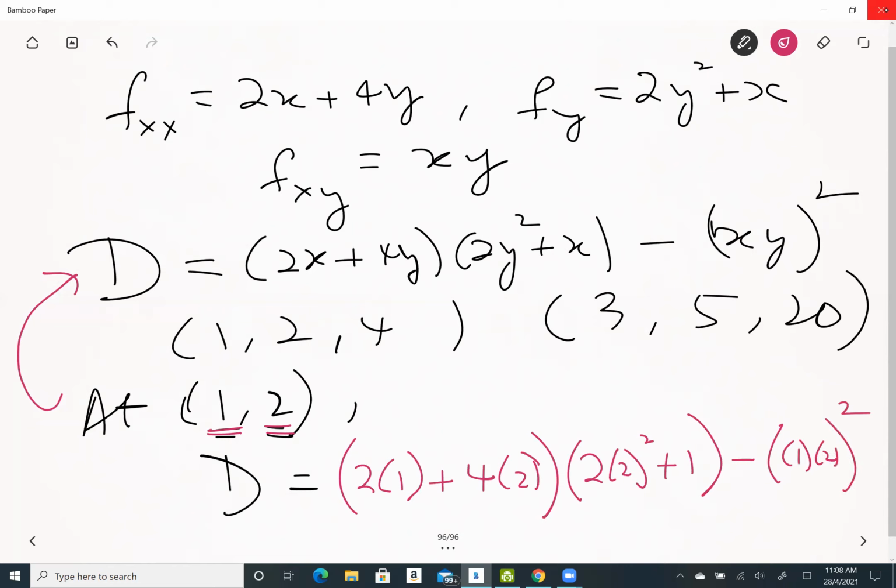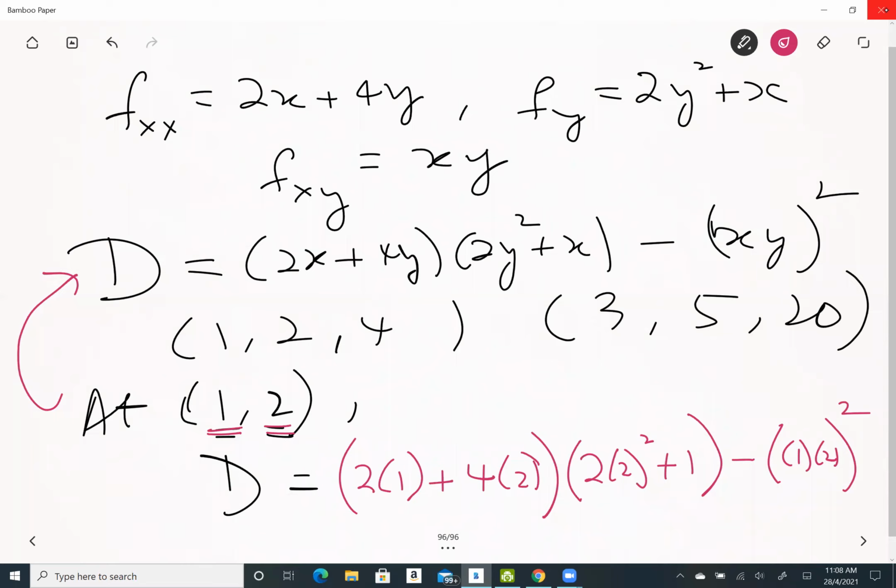So here you see, you don't worry about the D. What is the form of the D? It can be constant, it can be variable. The thing is, when you evaluate at that particular point, you have to substitute the value of the x and y into the D to find it.